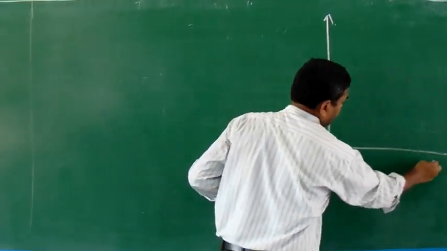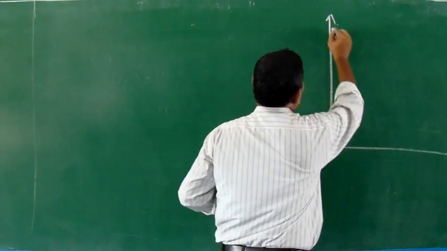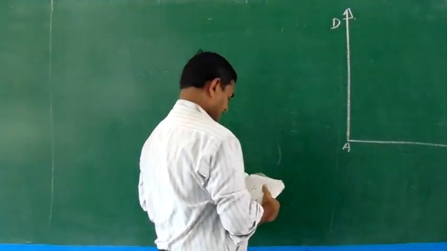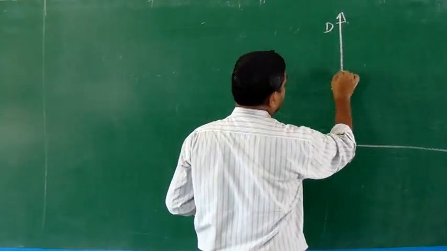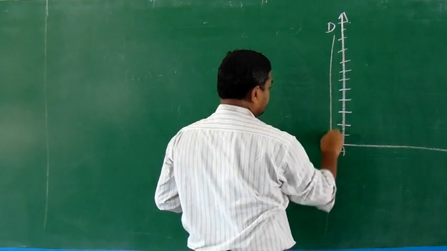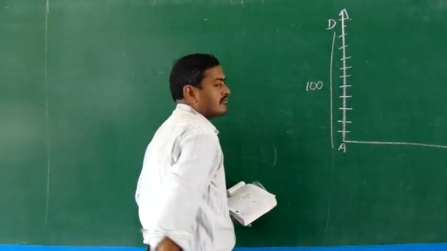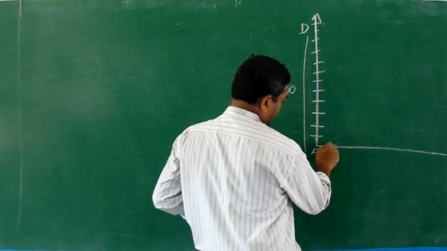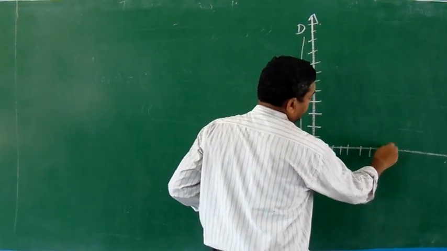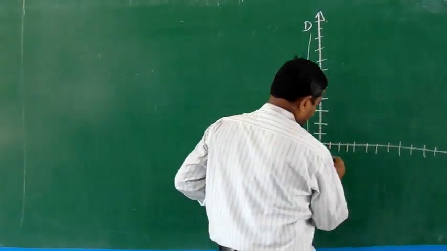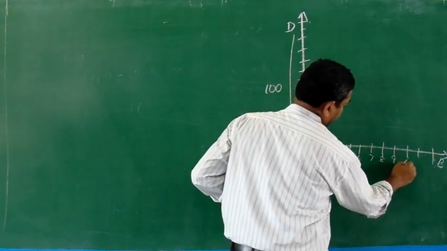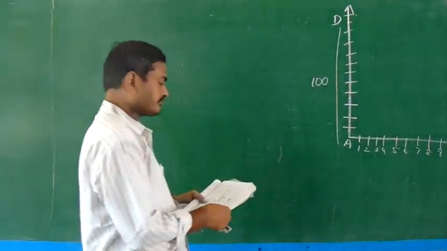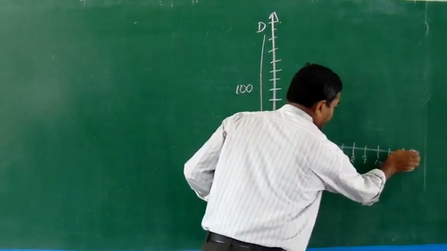They are given A, B, and here D. Here 10 parts they divide like this. AD is 100. Now here also they divide into some parts: 1, 2, 3, 4, 5, 6, 7, 8, 9, 10 and so on.